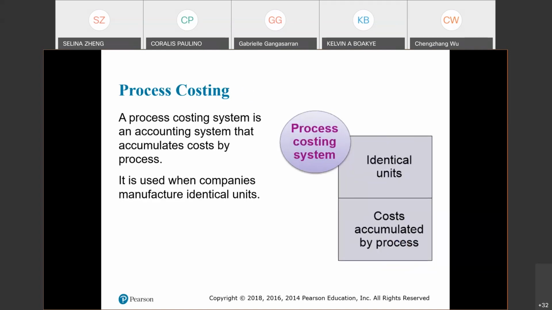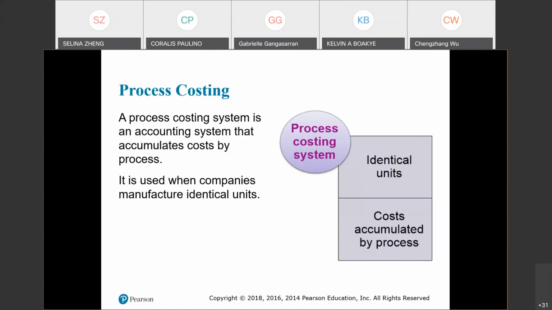Next, the other costing method, process costing. Some other companies produce identical units through a series of production steps or processes. A process costing system accumulates the costs of each process needed to complete the product over a period of time, instead of assigning the costs to specific jobs.